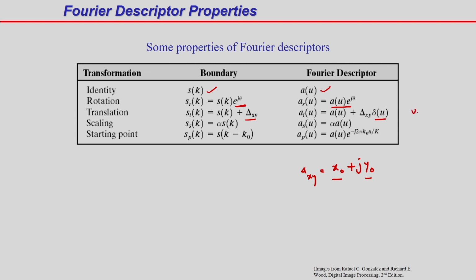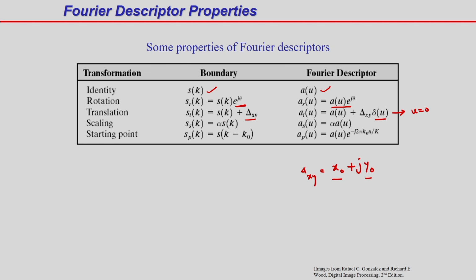So corresponding to u is equal to 0, I will be getting 1. For other values it will be 0. So that is why if the boundary is translated by x naught in the x direction and y naught in the y direction, the new Fourier descriptors remain the same except at u is equal to 0.